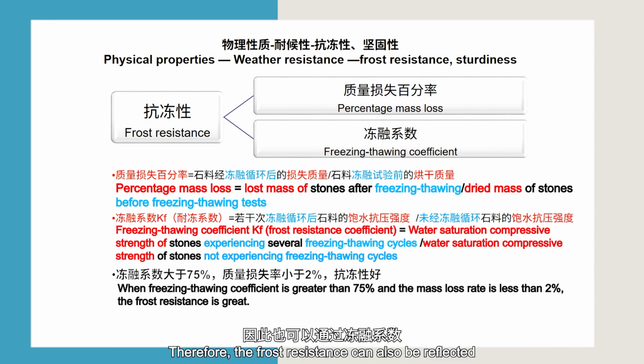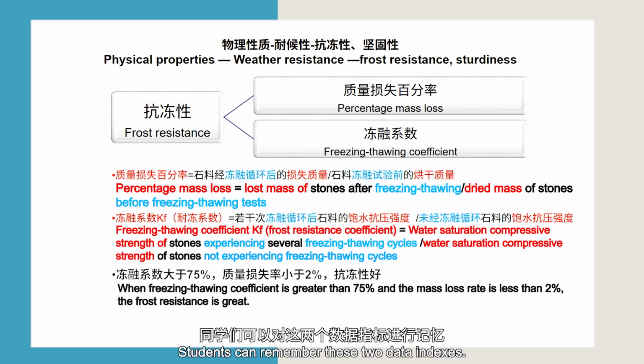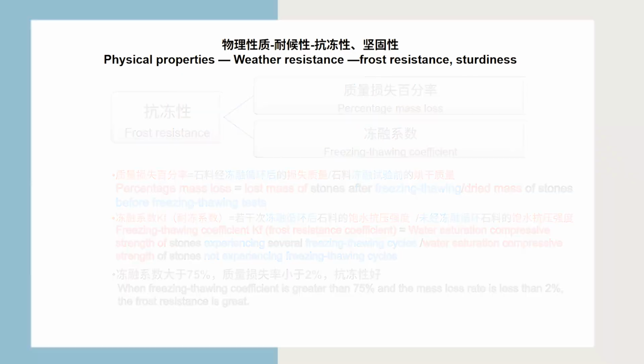Therefore, the frost resistance can also be reflected through the freezing-thawing coefficient. When the freezing-thawing coefficient is greater than 75% and the mass loss percentage is less than 2%, the frost resistance is great. Students can remember these two data indexes.